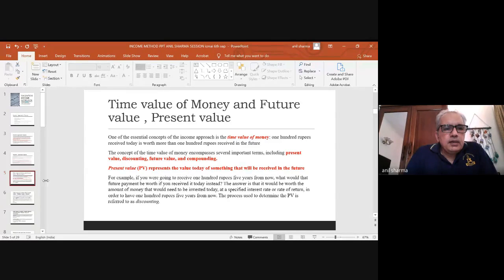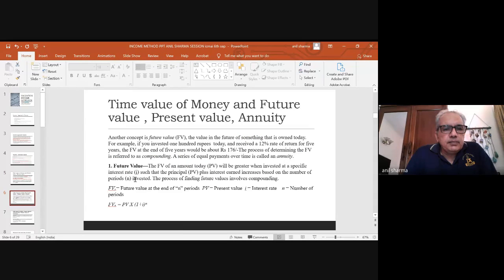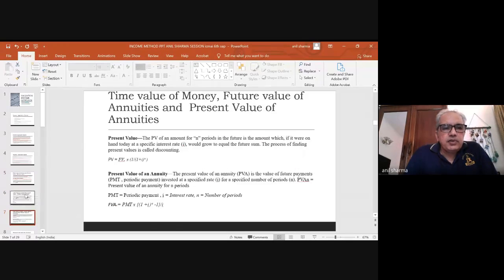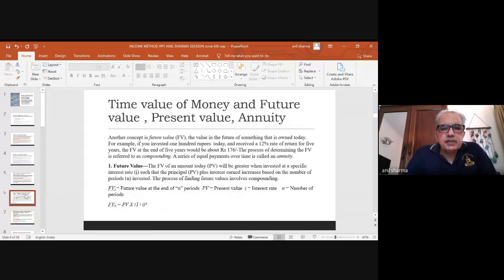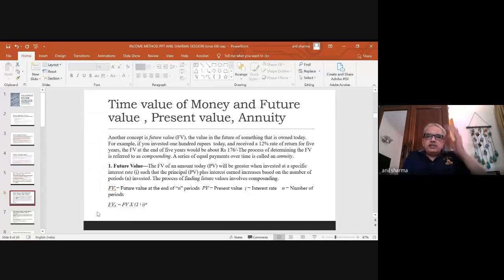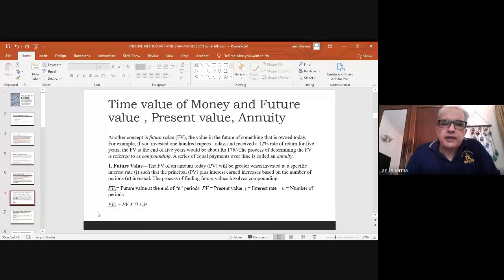I will just take you to a slide. If you look at this future value equation given on this slide, the interest rate is I, for the money that is being invested today, right?